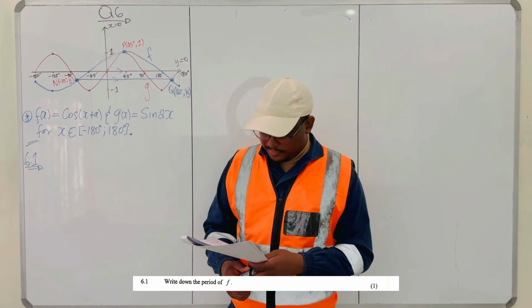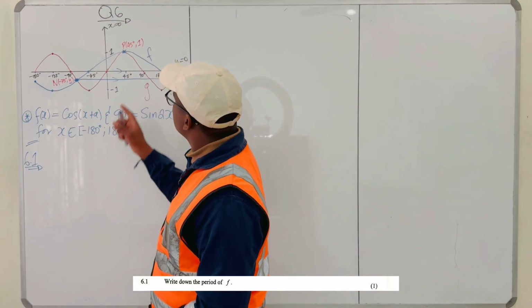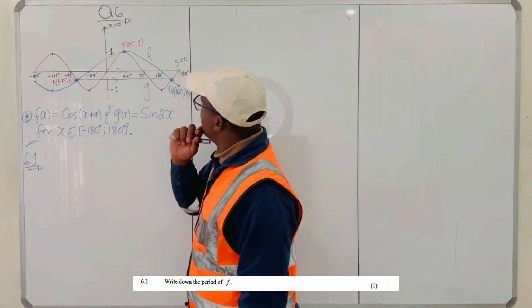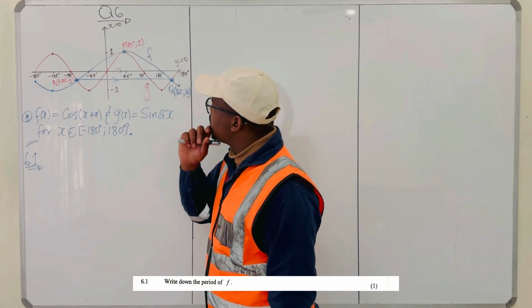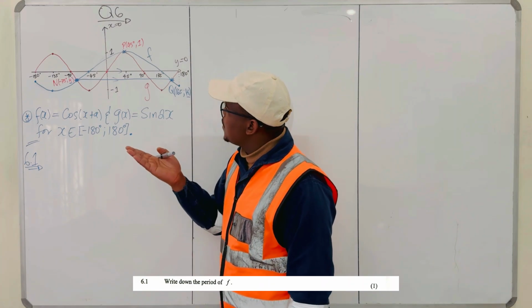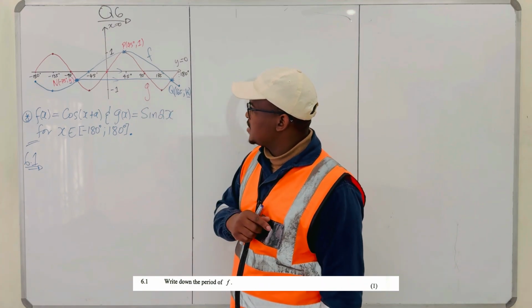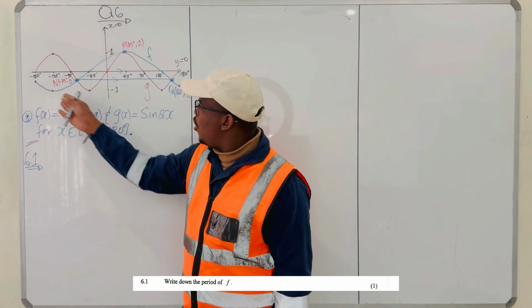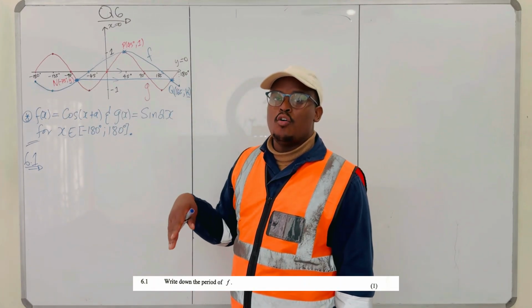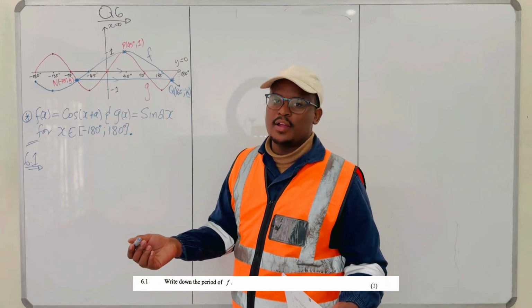So where is f? f is this blue function over here. How do you find the period of a function? You can look for it on your graph, or you can calculate it straight away.